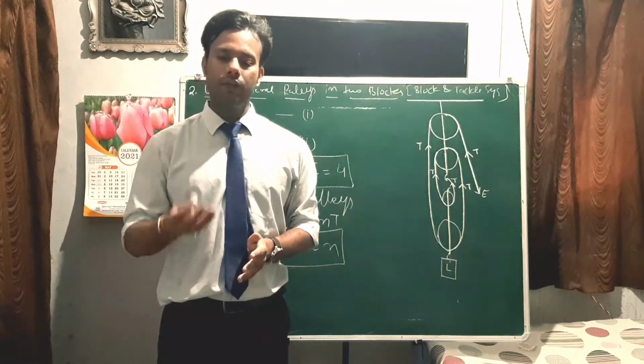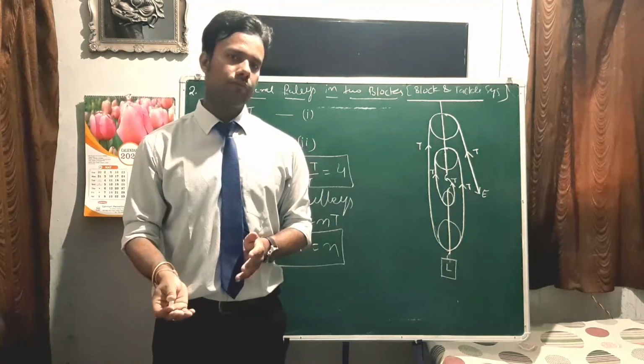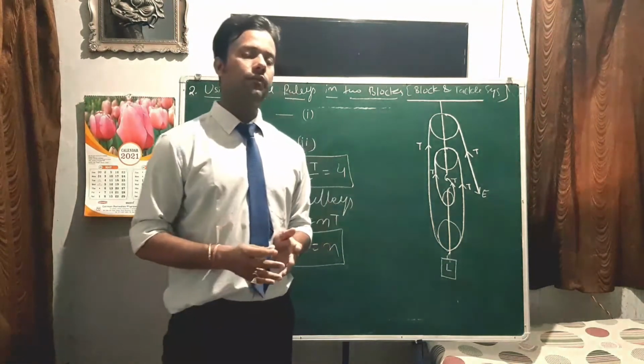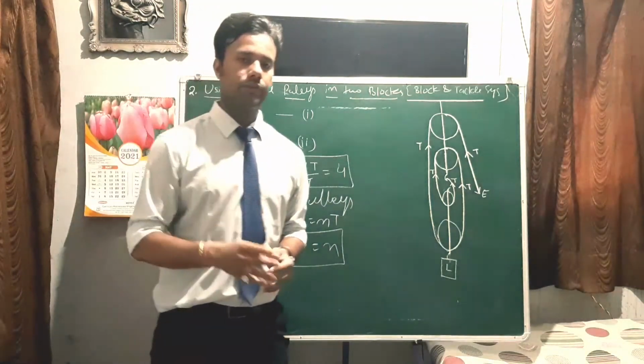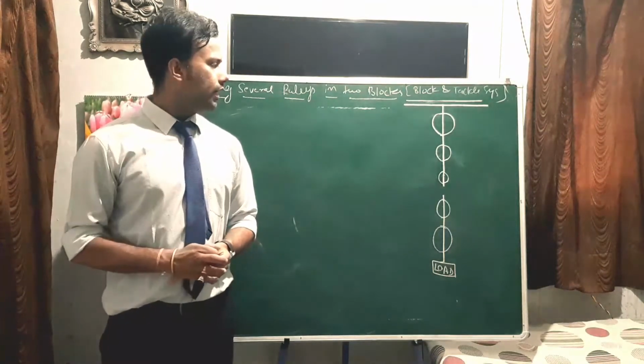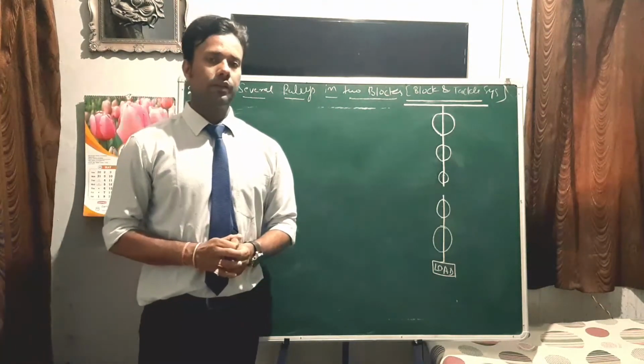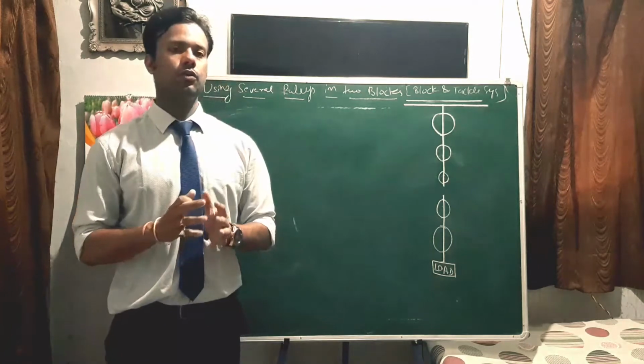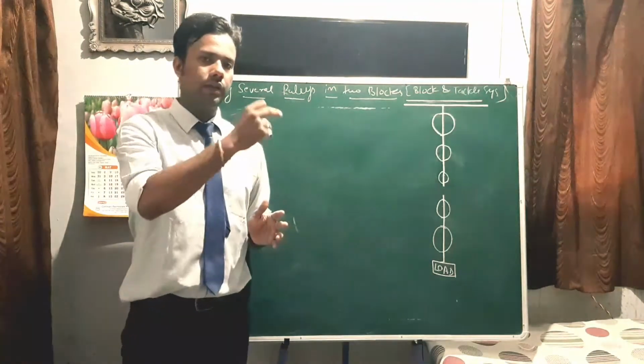We can't have 3 pulleys downwards. Okay, so let's have a system having 5 pulleys. Now you can see here we have 5 pulleys, and I have not shown the string so that you can understand how to apply the string here, right?